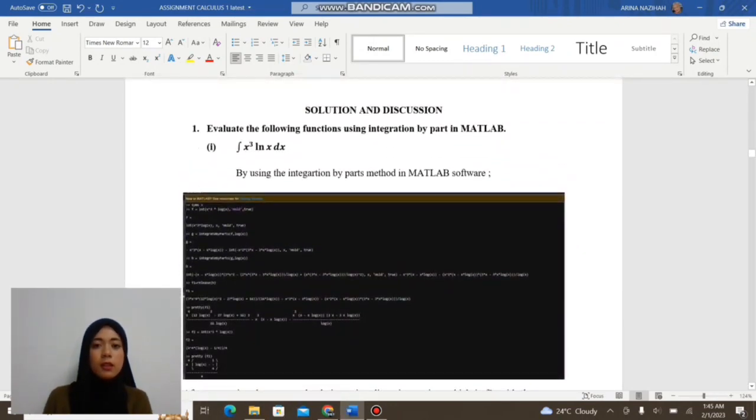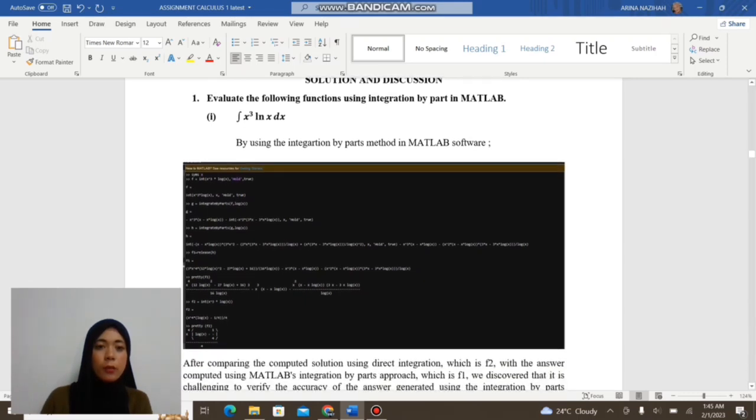For the first question, number 1 is evaluate the following functions using integration by parts in Matlab. 1 Roman is integrate x to the power of 3 ln x dx using the integration by parts method in Matlab software.